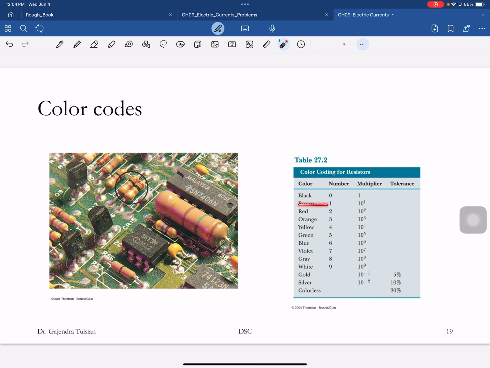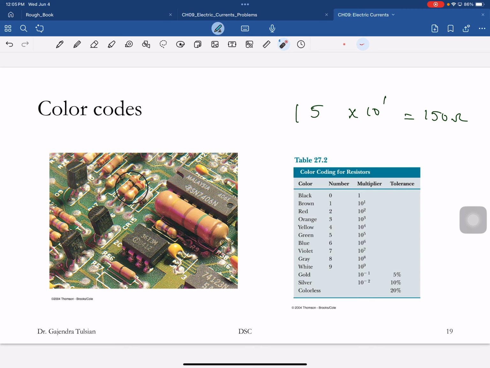Brown is 1, green is 5, and again brown is 1, so times 10 to the power 1. The third digit gives you the power of 10. So this is 150 ohms. This resistor is 150 ohms.